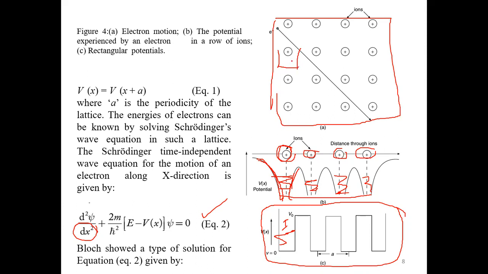Now, this is called the periodic distance, or later we will also call it the lattice constant. So V at x and V at x plus a will be the same potential, because it's periodic in nature. Okay, so a is called the periodicity of the lattice, or periodicity of the atom.